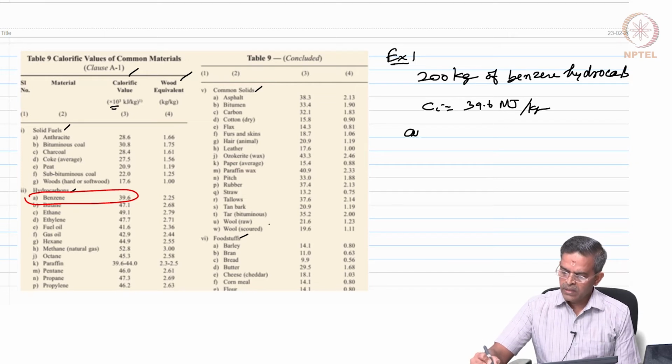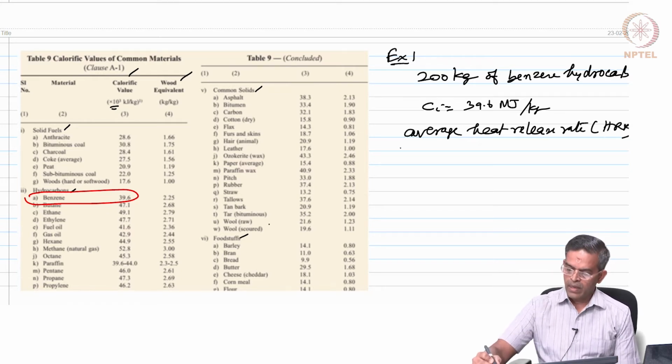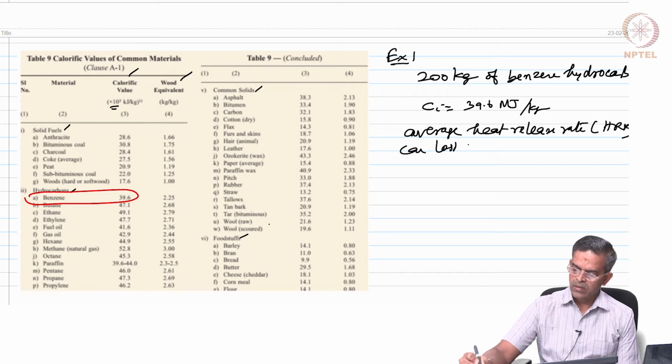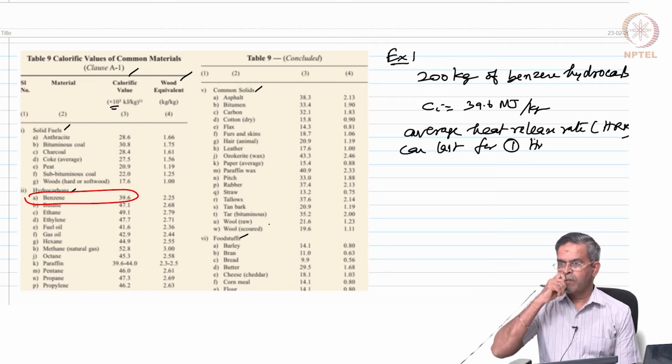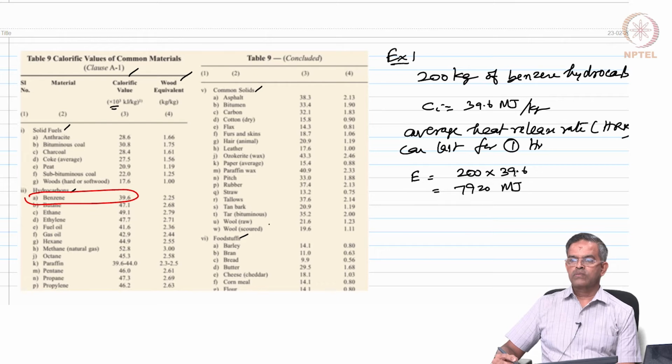Now, the average release rate, which is called HRR, can last for 1 hour. So, we can say E is going to be 200 into 39.6, that is 7920 megajoules.